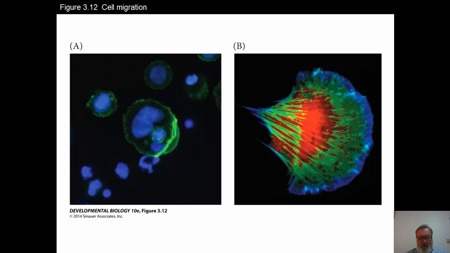There are sorting movements then that get the cells to the right place in the right amount of time and get it there so that inductive interactions can take place and cause these cells to differentiate in a certain direction. All of these developmental processes then require the cell-to-cell communication and adhesions from cadherins and from the cytoskeleton.